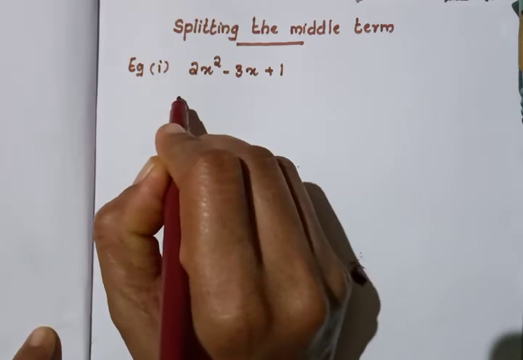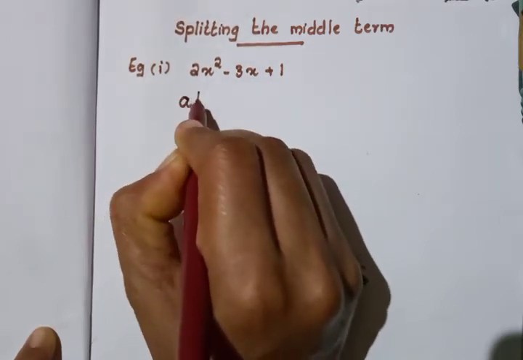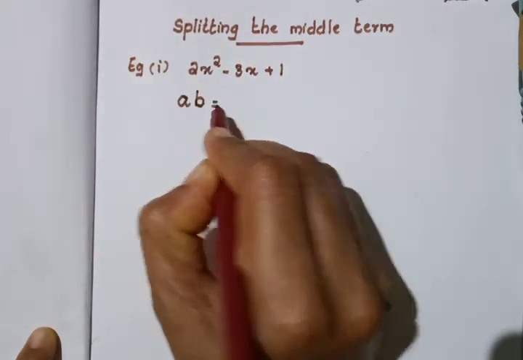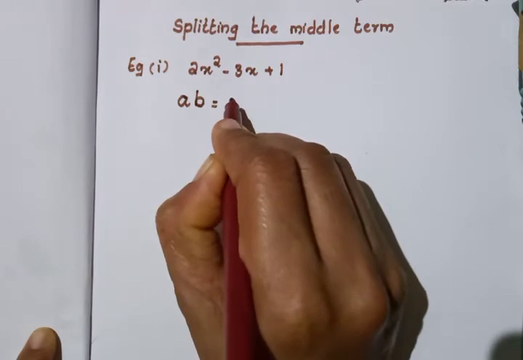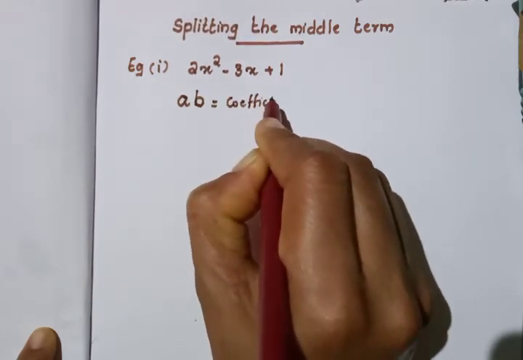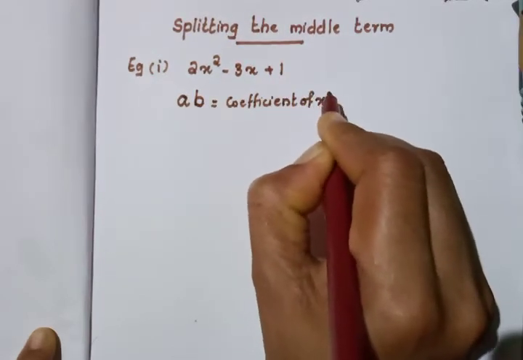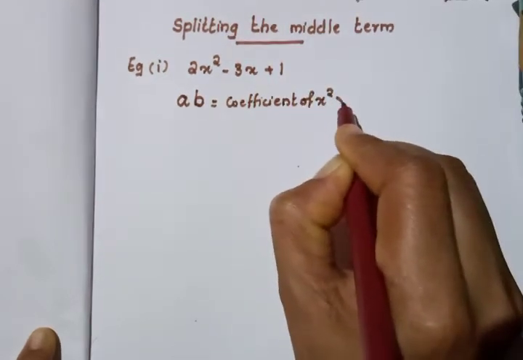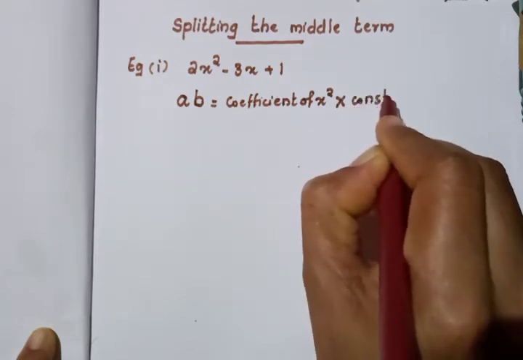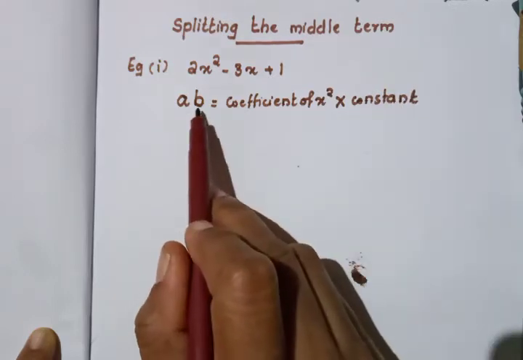Here you can write, what is the product a and b? The product of the terms will be the coefficient of x square and the constant, a into b.